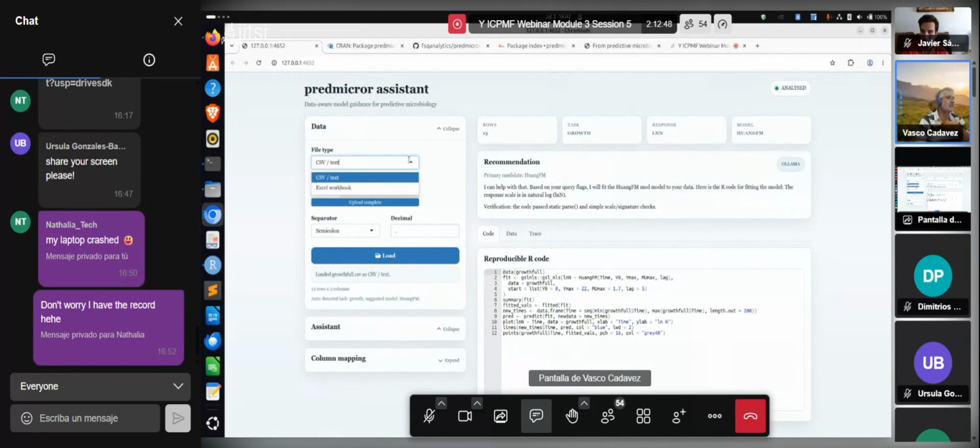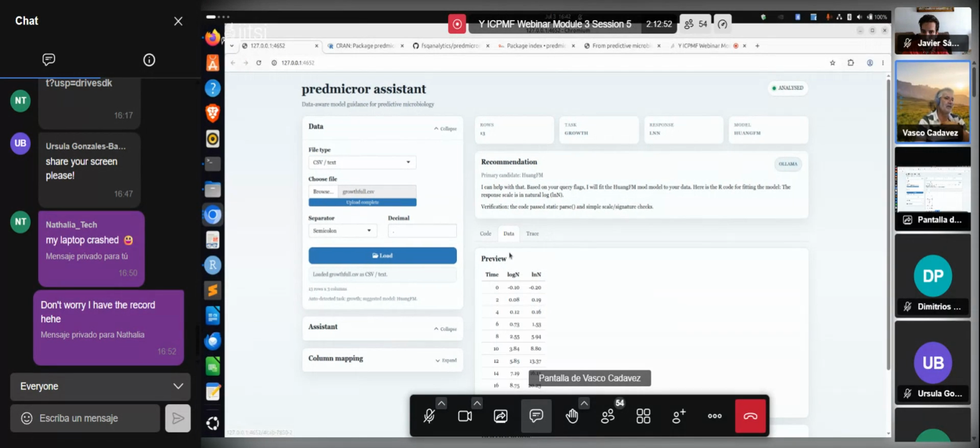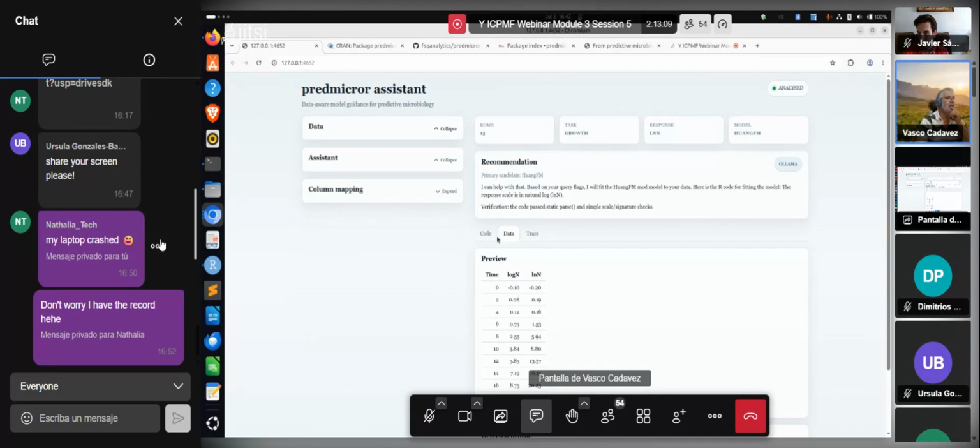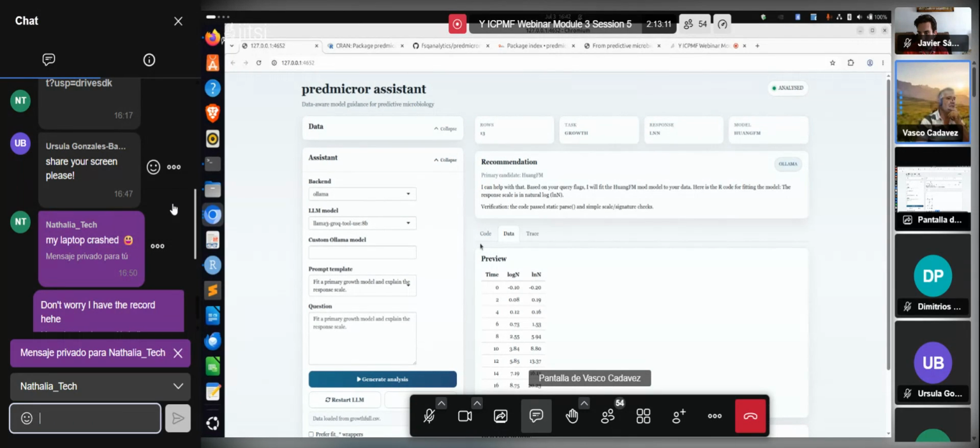You can import your data set. And in this case, I'm using a data set for a growth model trace just to check. So you import, you define the column separator, the decimal that you use, depending on the type of data that you have. Then you have the assistant.